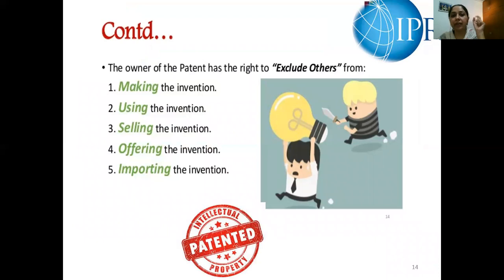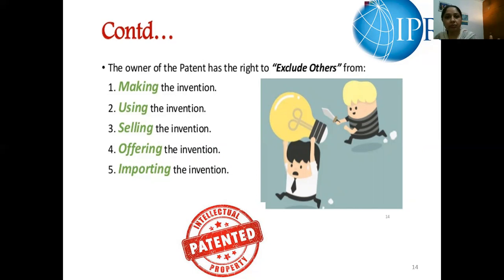Now the patent right, as I told you, is actually a negative right because it excludes others. It excludes others from making the invention, using the invention, selling the invention, offering the invention, and importing the invention. 5 things. Making it. Now the invention can be a product patent or a process patent. Patents are given for your innovation, for an invention, not for artistic work.